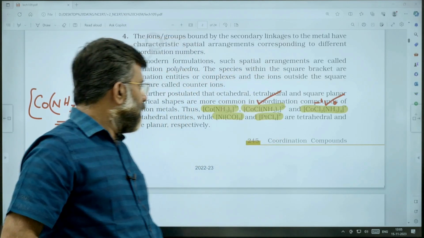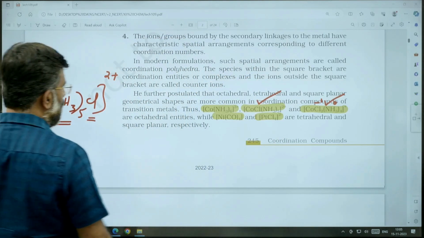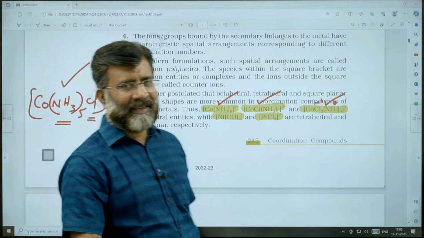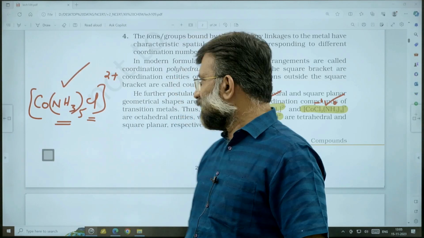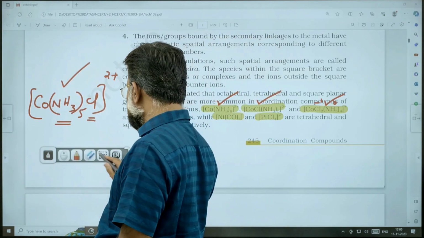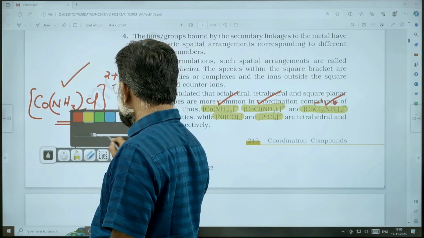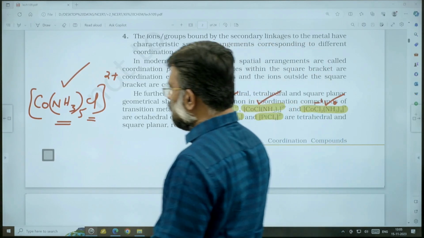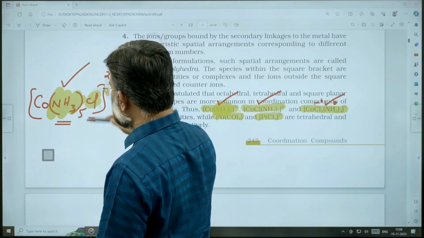Now another important point. How do you compare this complex and this complex? [Co(NH3)6] and [Co(NH3)5Cl]. This contains only one type of ligand, while this contains two types of ligands.